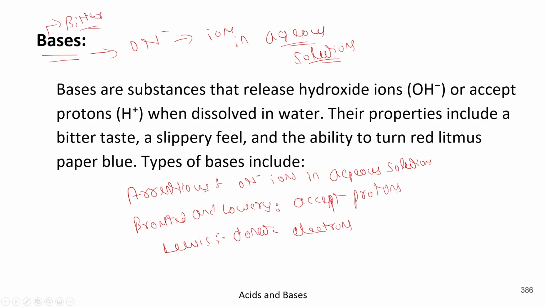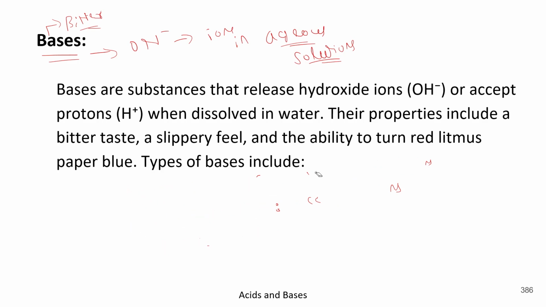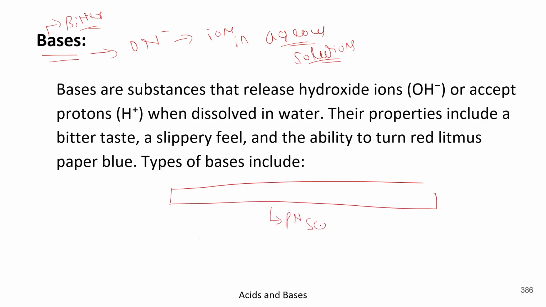And then we had discussed that they taste bitter. Also, we had a discussion over some different indicators which we used for bases and for acid identification. And we also said that to check the intensity of a substance being acidic or basic, we use a scale known as the pH scale, in which the neutral value is 7.